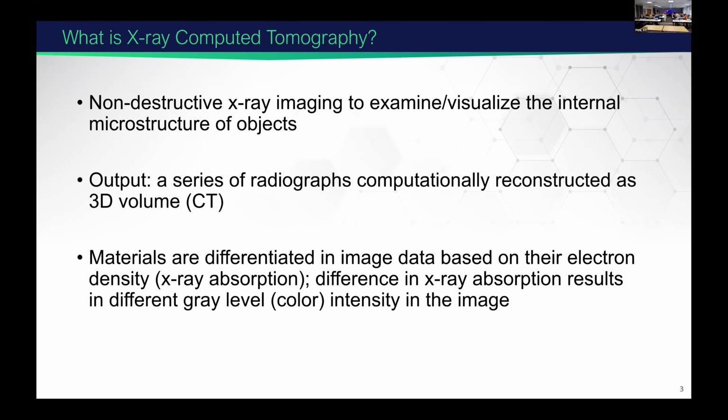And in CT, the materials are differentiated in the image data by their densities, actually the electron densities and their X-ray absorption. This difference between the components results in different grayscale colors or intensities in the images. That's how we can distinguish them.